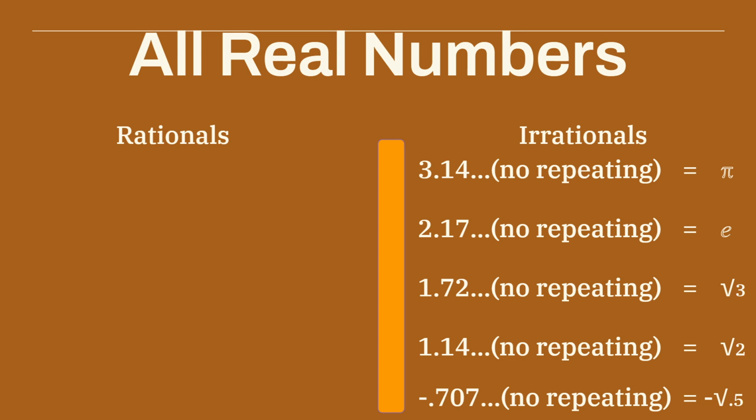Well, something that cannot be represented as an integer over integer has decimals, and those decimals are non-repeating. 3.14 followed by non-repeating decimals would be an irrational number. 2.17 followed by non-repeating decimals would be irrational. 1.72 followed by non-repeating numbers. 1.14 followed by non-repeating, and negative 0.707 followed by non-repeating. These are all irrational numbers.